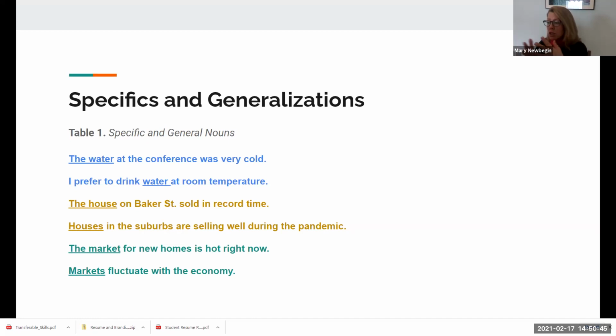But houses in general in suburbs right now are selling well during this COVID-19 pandemic. The market for homes is hot right now, but markets fluctuate. So I think you just have to take a step back and think about whether you're talking about that thing in a general sense or more specifically.